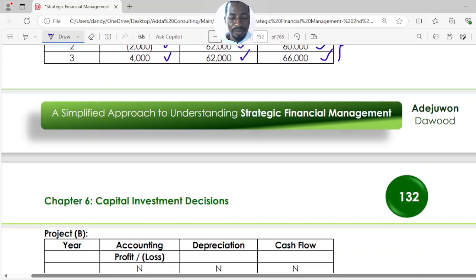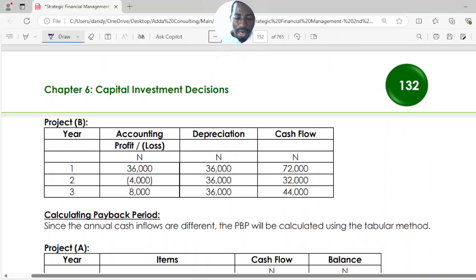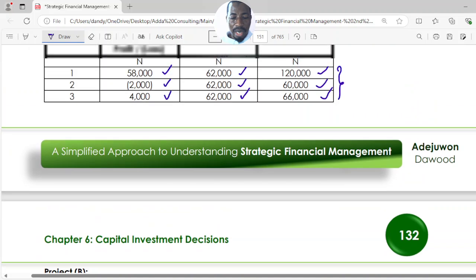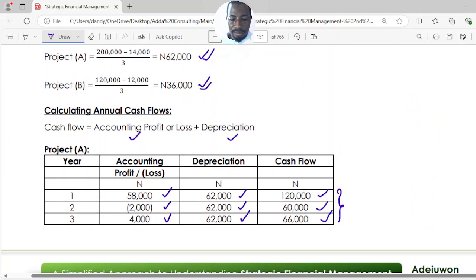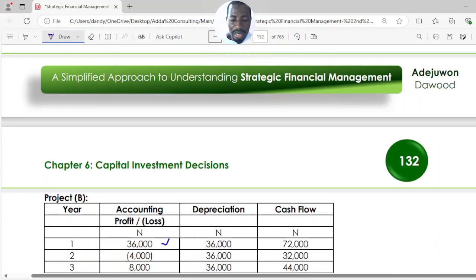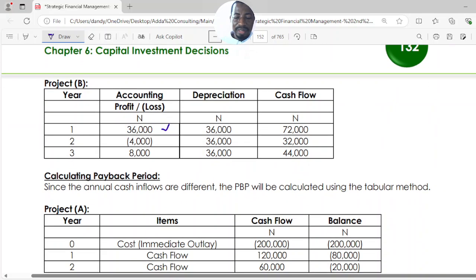I will do the same thing for project B. Accounting profit or loss for the first year is 36,000. Annual depreciation of project B is 36,000. Therefore, I will add together 36 plus 36 will give me 72, minus 4,000 plus 36,000 will give me 32,000. 8,000 plus 36,000 will give me 44,000.